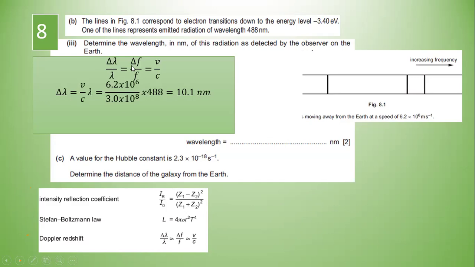Delta lambda, take lambda across: v over c times lambda. v is from the earlier question. c is 3.0 times 10 to the power 8, times 488 is 10.1. So observed one is longer wavelength, we add.